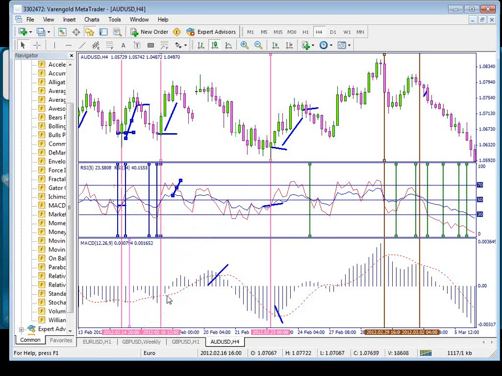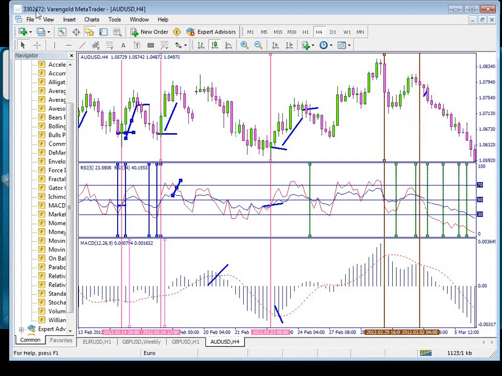Here again, the red line was in the area where the histogram is plotted, and the signal for buy was a little bit later, maybe 1 or 2 candles. So the signal from MACD is coming later in this area. Here will be the signal from MACD.